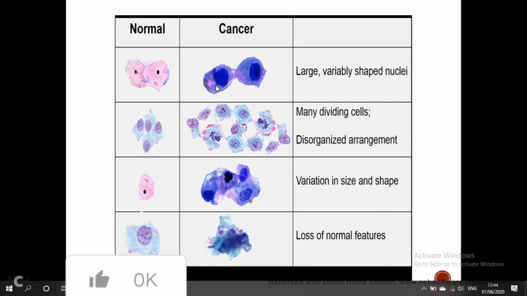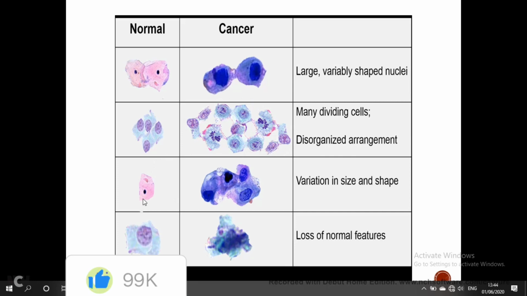And then you can also see the shape and size change in the nuclei, variably shaped nuclei with different colors and different organization. Normal cells do not divide as much as the tumor cells, the malignant cells. You can also identify some mitoses present over here. Also, disorganized arrangement, that is loss of polarity, is found. They do not show a well organized structure.